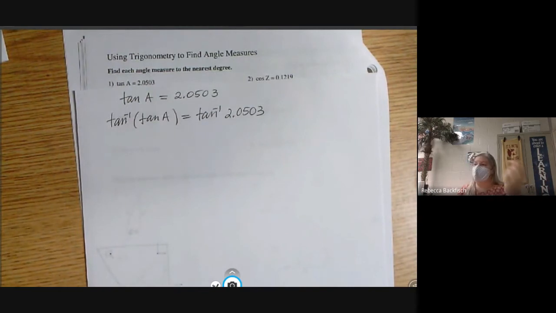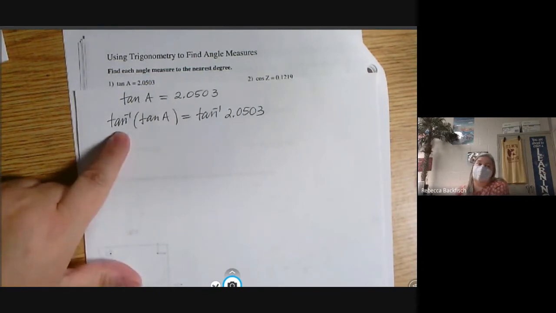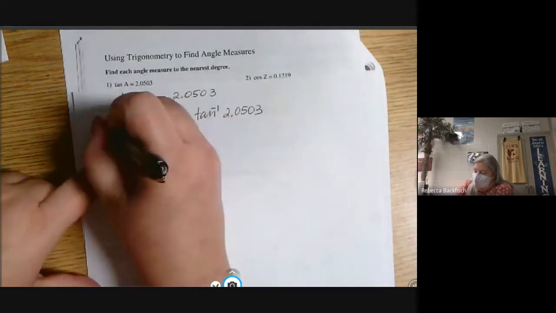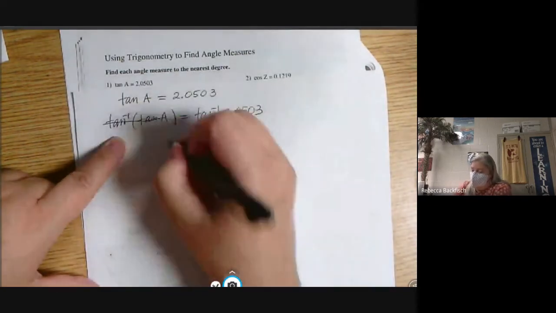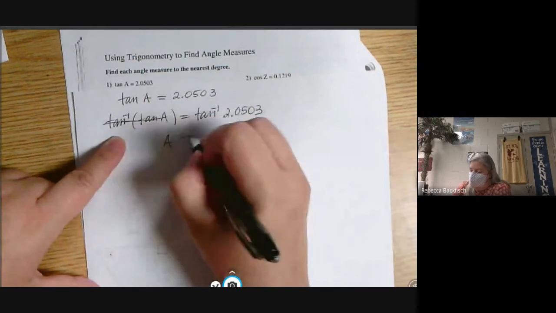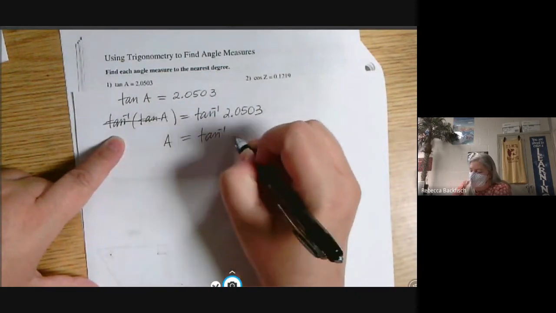Just like when we're trying to get multiplication off both sides of an equation, we divide because multiplication and division are inverses. If we're trying to get rid of addition on an equation, we subtract because addition and subtraction are inverses. So this is basically just the reverse of tan. Those cancel because it's the reverse of tan, leaving me with just A on the left. And so A is the inverse tan of this.